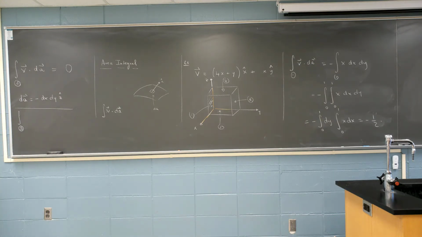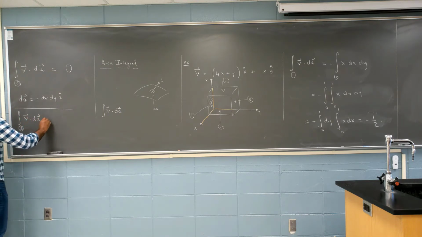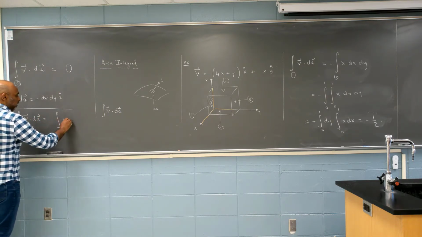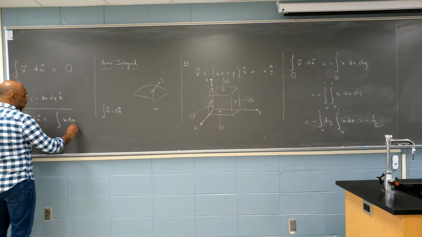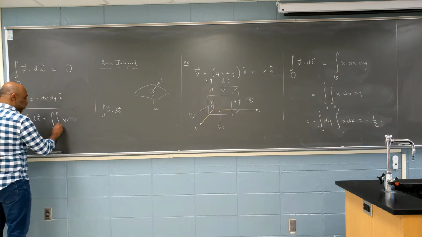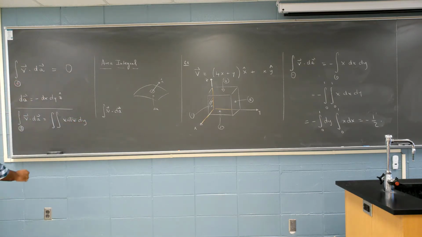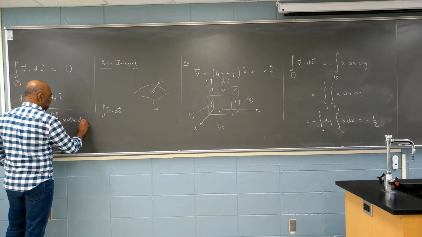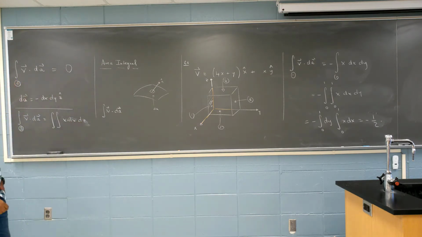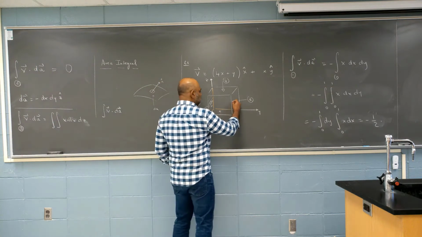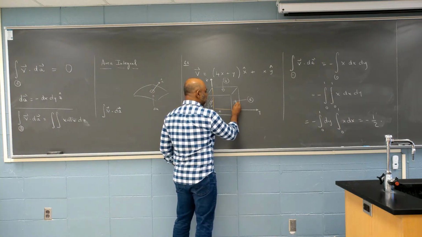The normal vector is now again what? Positive y hat, right? So can I write v dot dA to be equal to x dx, or no, dz, right? I have this little rectangle. This side is dx, this side is dz.